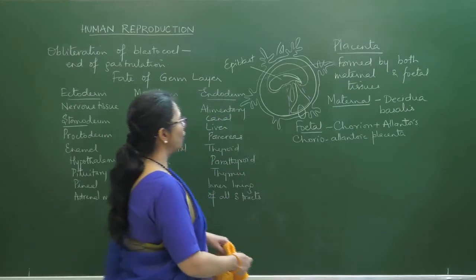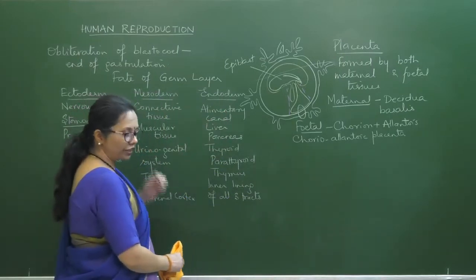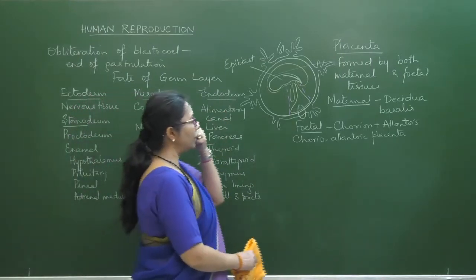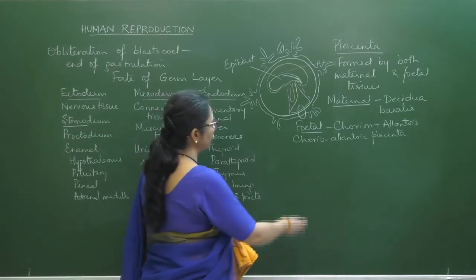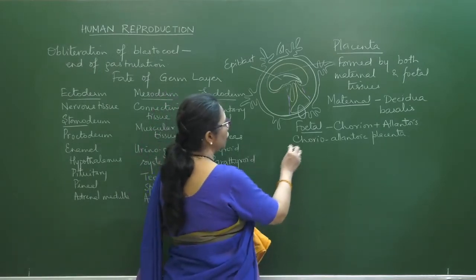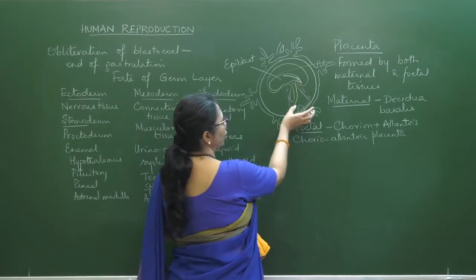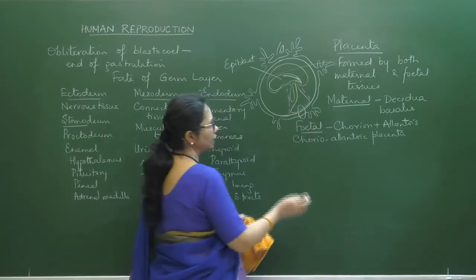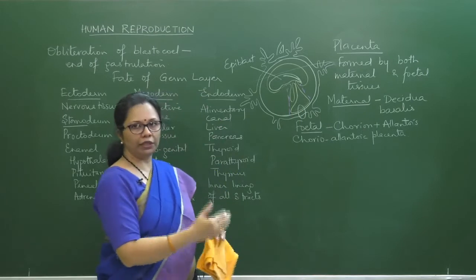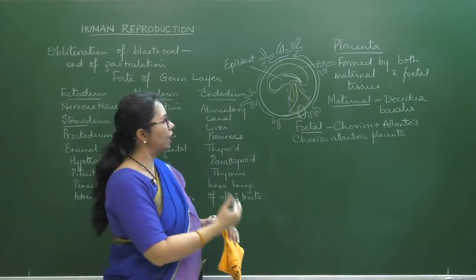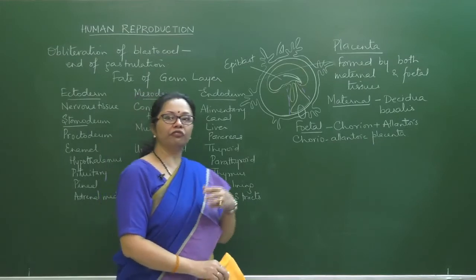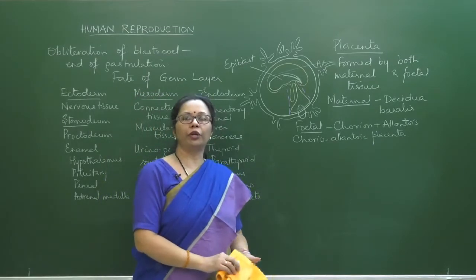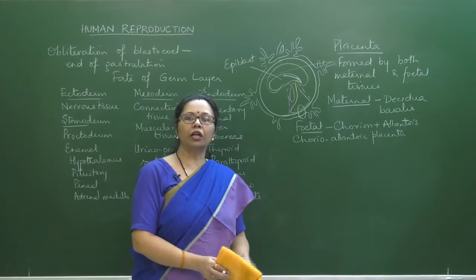Anyways, so this is from the maternal and the fetal side, you see. And then, when in the uterus we had mentioned, this part is going to attach with the decidua basalis, and between the decidua basalis and chorion and allantois, there is going to be formation of placenta. Now the next question is, when does this placenta formation occur?